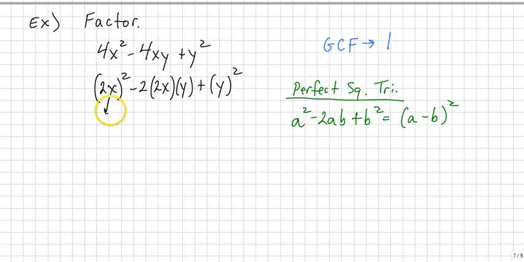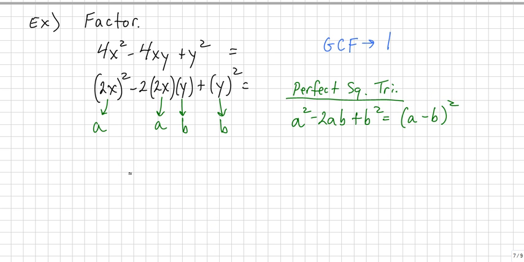So let's see if that'll work. This would be our a, maybe. So there's our A, and there's B, and there's B. So we have A squared minus 2AB plus B squared. So that tells me that this equaled that, which equals, and now I can use my little factoring thing here.